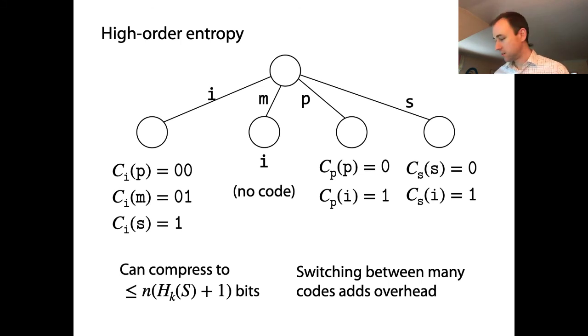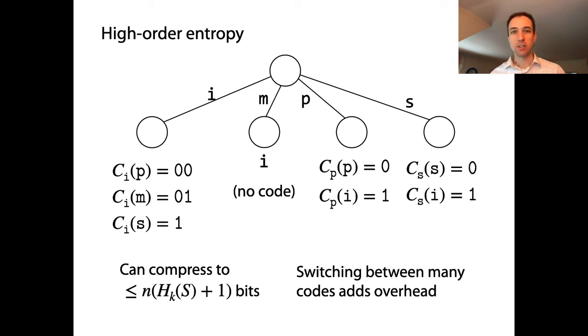Having just one zero order code from Huffman, for example, would be incredibly simple and easy to use and nice and compact. We would really just need to store the code book, the bit string we're going to use for each symbol. Whereas here, we might have many codes.